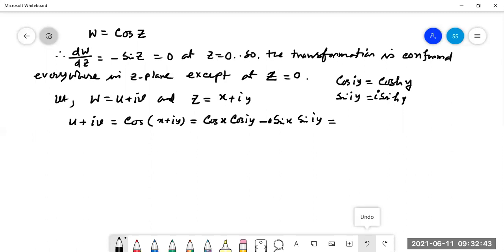This one is not done. Do you have an idea about this? Cos IY means cos hyperbolic y and sin IY means I sin hyperbolic y. Can I explain it? No one can give the answer. If you didn't understand, please ask me.